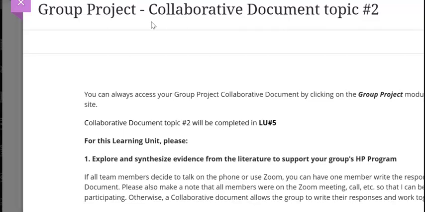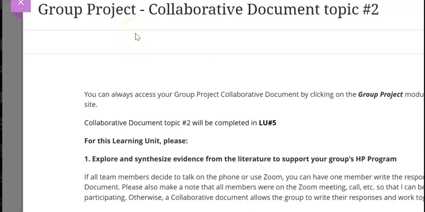We'll have a different topic each week, but it's the same document. And you will have access to that document, including my feedback, when you go to do your health promotion presentation. So again, we're working towards a goal, and I'm not having you do all this extra work. We're working towards a goal, and you're using the information that you find. So that's learning unit number 5.